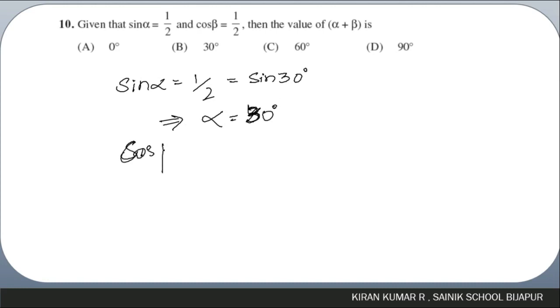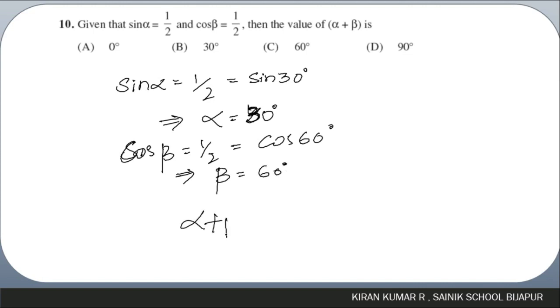Now I'll consider cos beta, which is 1 by 2, which is same as cos of 60 degree. So beta value will be 60 degree. They asked alpha plus beta. Alpha is 30, beta is 60. The sum is 90 degrees. Option D is the right answer.